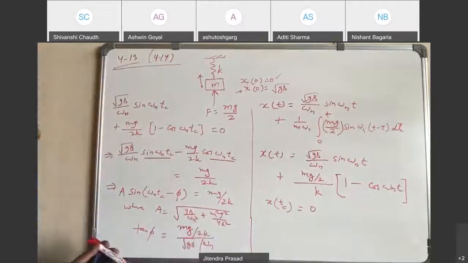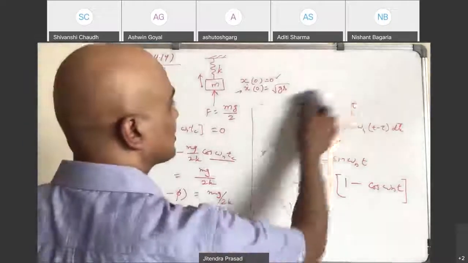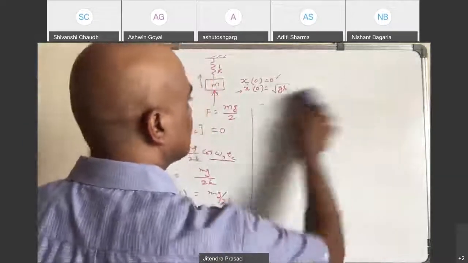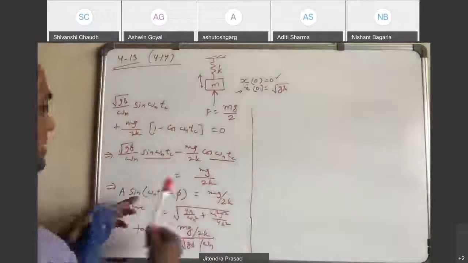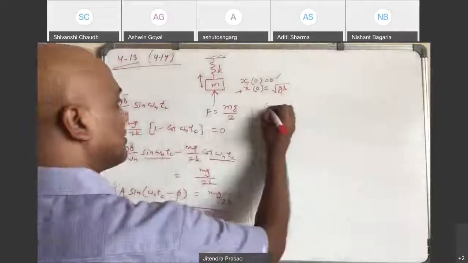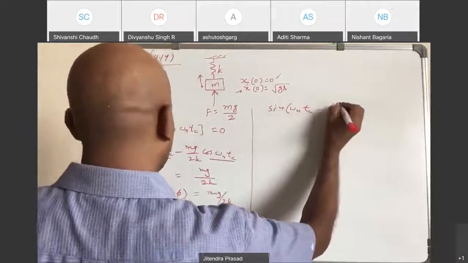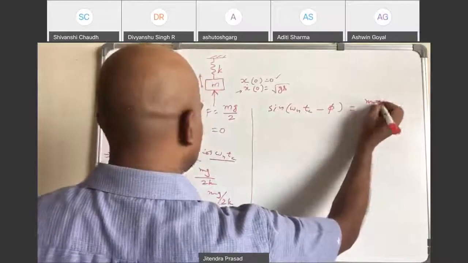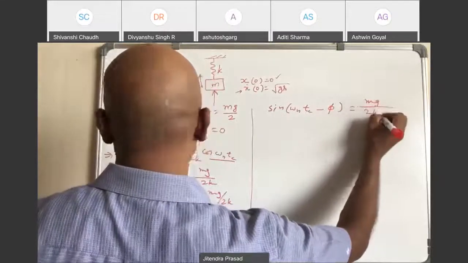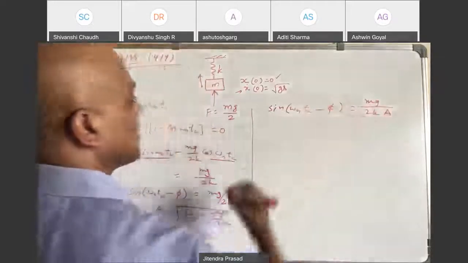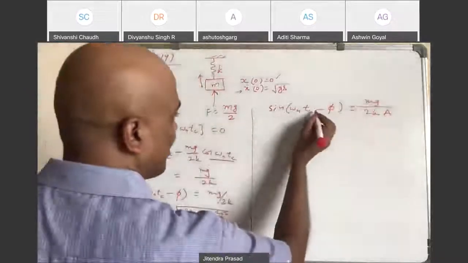So finally what we will do, from here we can find out sine omega n tc minus phi equal to mg over 2kA, right? And then you can find out from here, right?